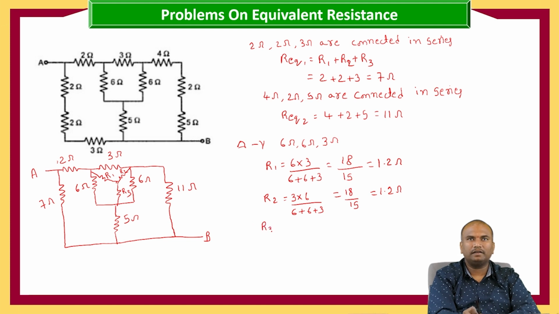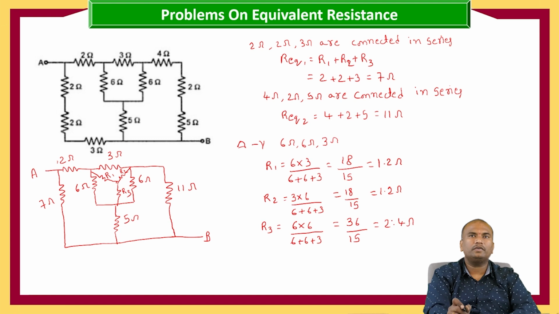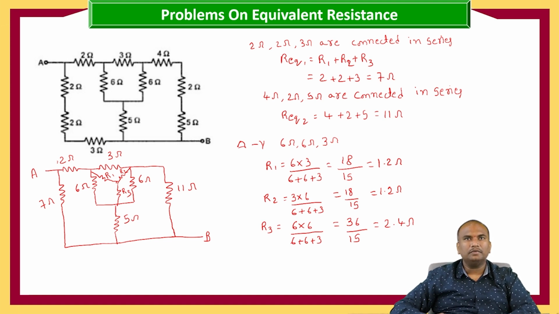And R3 is equals to 6 into 6 by 6 plus 6 plus 3, which is equals to 36 by 15, that is 2.4 ohms. Now we got the R1, R2, and R3 values. Now let us replace our circuit with these values.